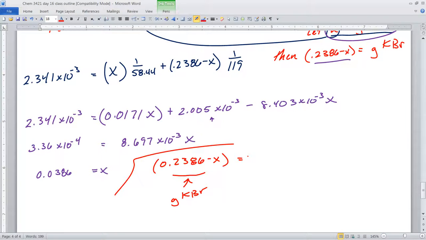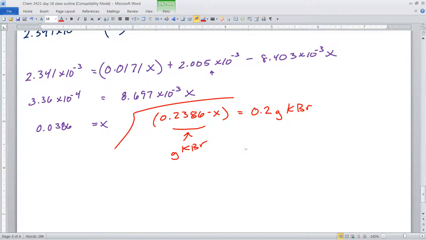That's going to be equal to about 0.1999, it's pretty much 0.2. Okay, so that's how many grams of KBr I have. So I need to convert the grams of KBr into grams of bromine.